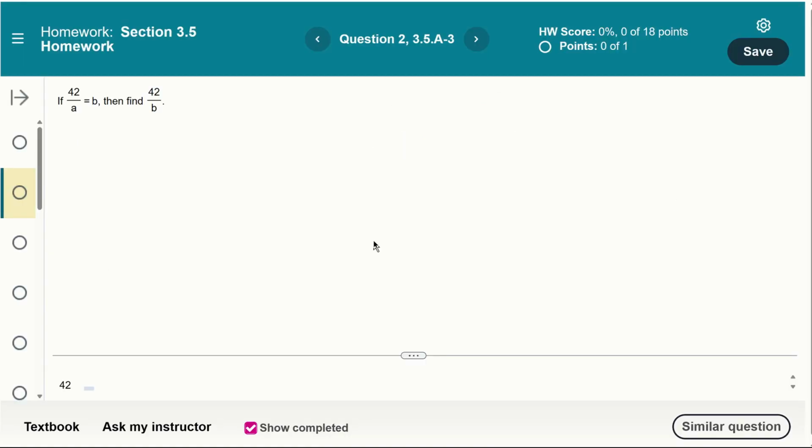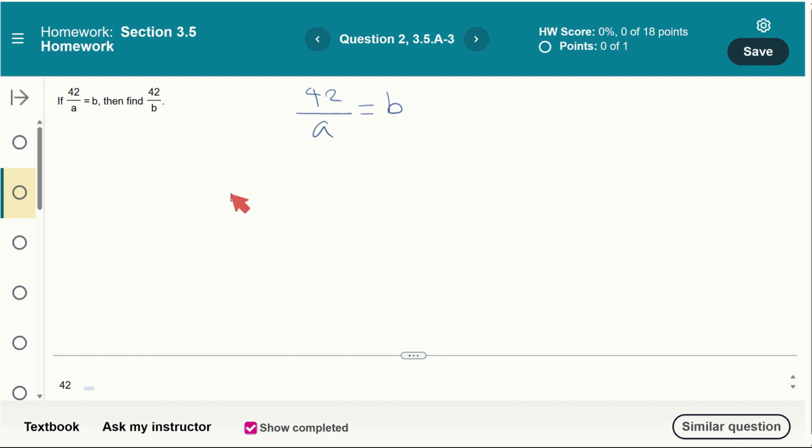All right, so here we're given that 42 divided by A is B. We want to find out what 42 divided by B is. So we start with 42 divided by A equals B. Now notice that given an equation, we can multiply both sides of that equation by the same number.